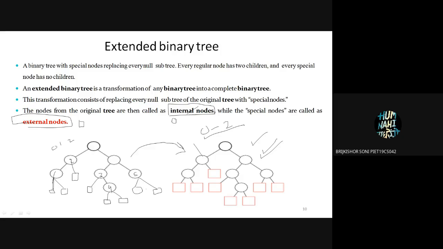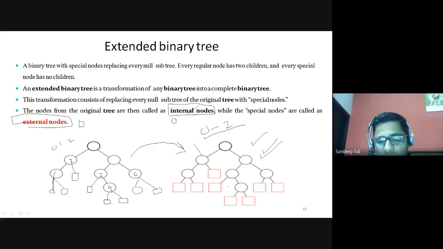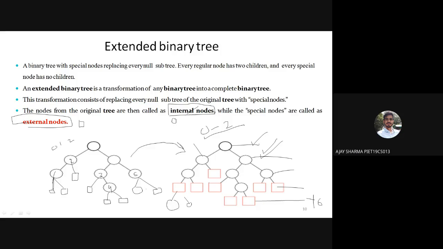No sir. In a full binary tree, all the nodes would have been filled here too. The last level does not have completely full nodes. This level completely filled, this level completely filled, this level 4 nodes, this level 8 nodes. At that level not all nodes are there. Okay sir, got it.